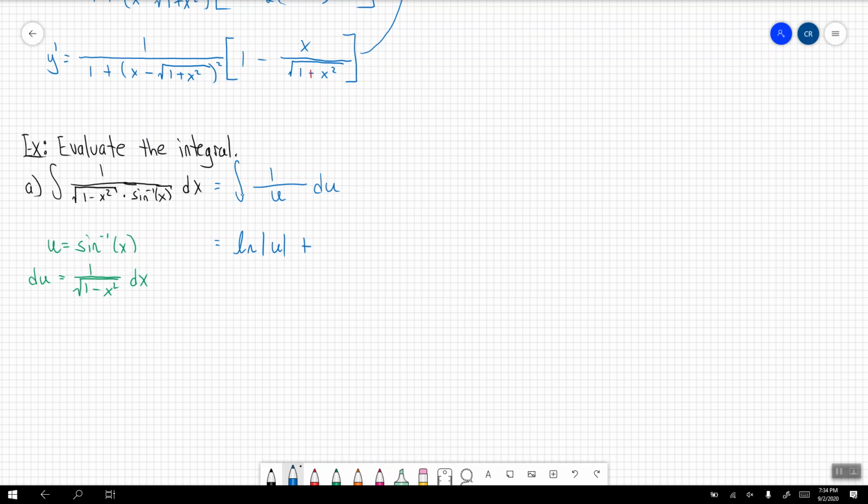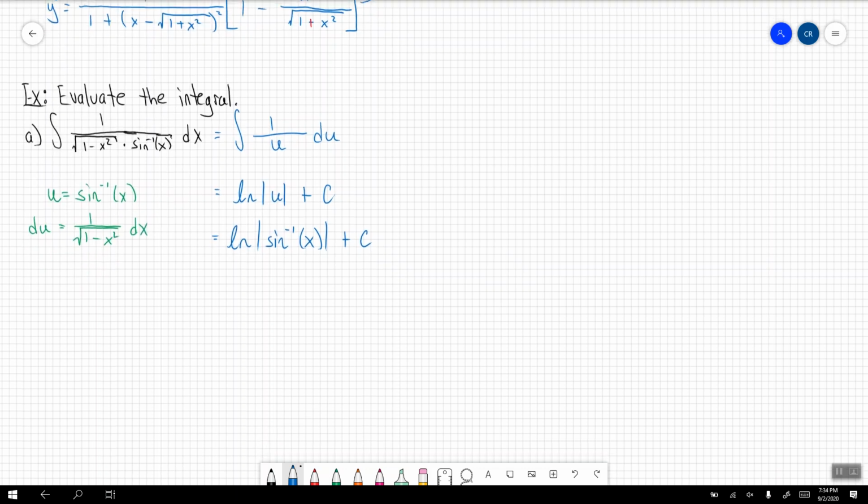Since this is an indefinite integral, I choose plus c, and then make my final substitution for sine inverse: natural log of the absolute value of sine inverse of x plus c. Check that out. That is amazing. That's pretty cool. So that's the first one. That's not too bad.